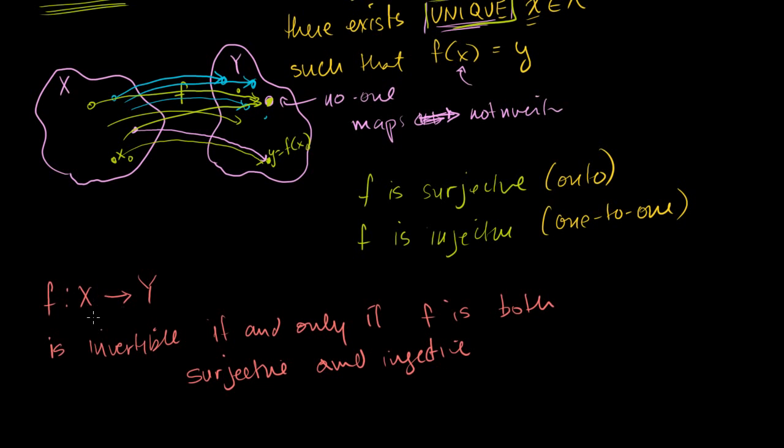Or we could have said that f is invertible if and only if f is onto and 1-to-1. And these are really just fancy ways of saying that for every y in our codomain, there is a unique x that f maps to it. There isn't more than one, and every y does get mapped to.